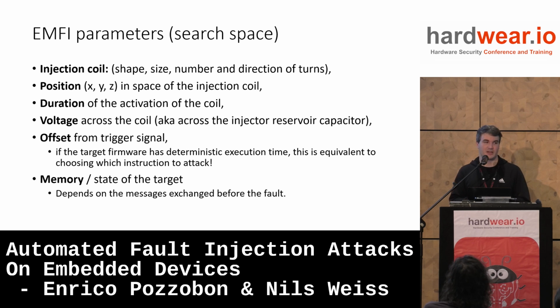Another trigger signal could be a message that we send, so a CAN frame that we send to the ECU, or some serial command that we send over UART to the ECU, and then the trigger could be that. And we would like to have some trigger that corresponds to some deterministic code execution that has a deterministic execution time.